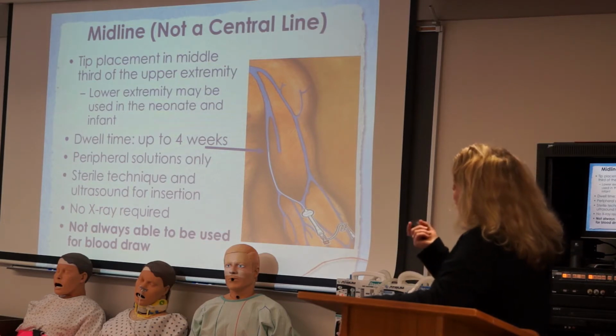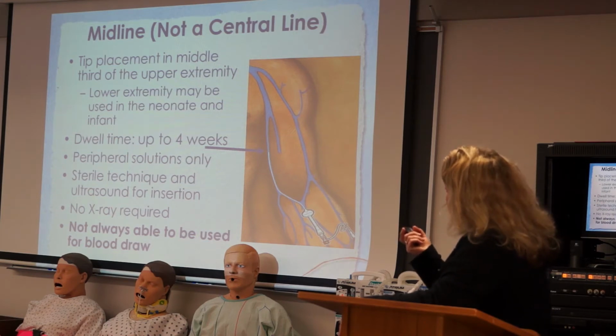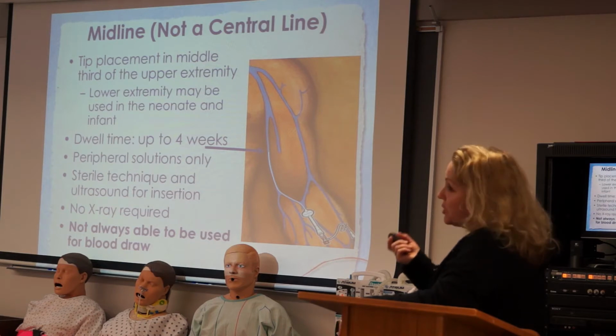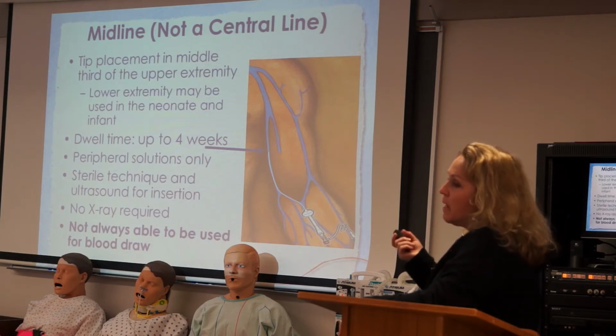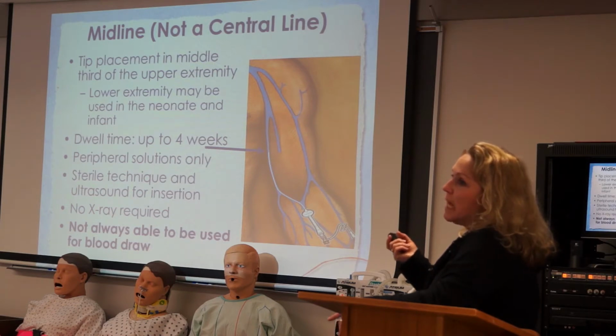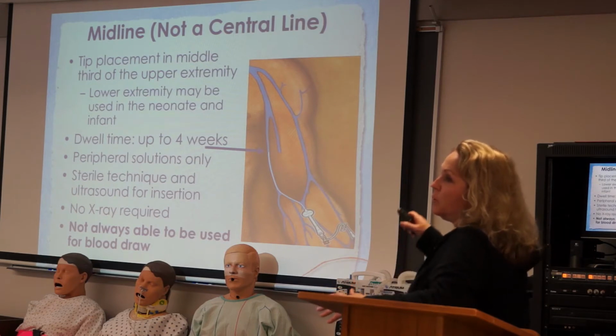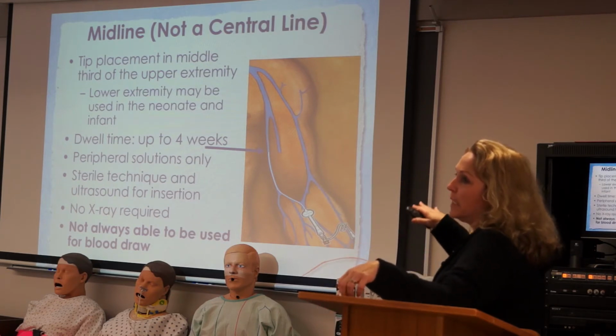They're not always able to be used for blood draws. If they're flushed really well and you keep flushing them appropriately, sometimes you can get good blood back. But if you have a patient with a midline and you need to have labs, you may not necessarily be able to get blood out of a midline.